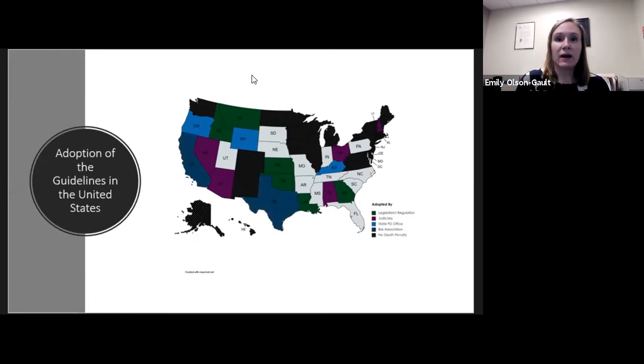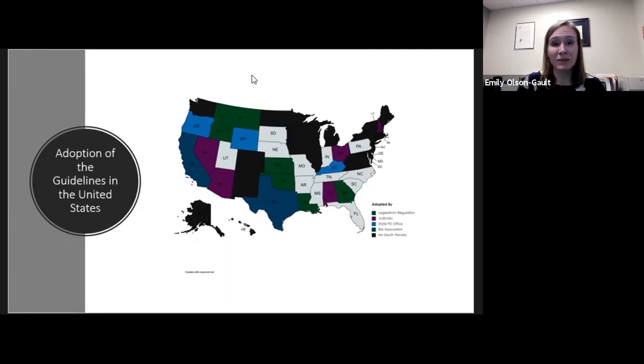And then finally, we have bar associations, state bar associations, that have adopted the guidelines and have used their influence to say, yes, we recognize these are a national set of guidelines, but they also apply in our state. And one of the most meaningful bar associations that has done this is Texas.